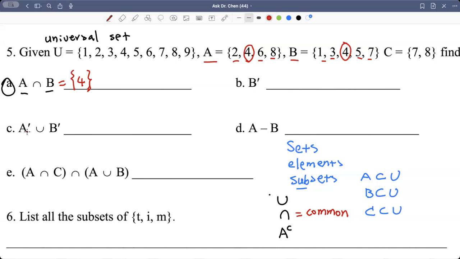Now let's see A complement. Another way of writing complement is A prime. Sometimes we write it as A raised to the power c, or A with an apostrophe. Both mean complement. So for A complement union B complement, let's find A complement first. A complement is the elements not in A, but in the universal set.